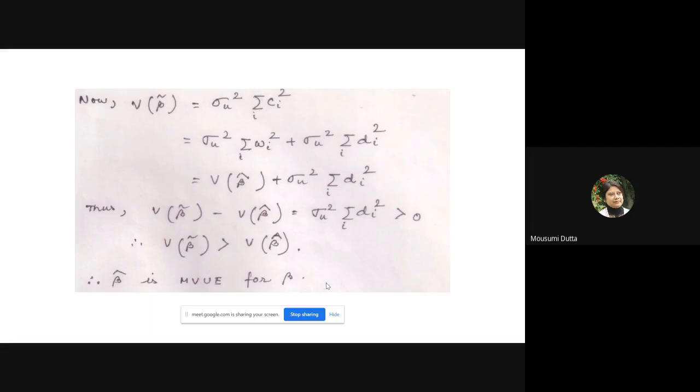OLS generally we apply in the context of small samples, so we do not consider the consistency as well as the efficiency properties here. We are thinking about a finite sample, and for that matter, we are considering the minimum variance and unbiasedness properties. So this is all about beta hat.